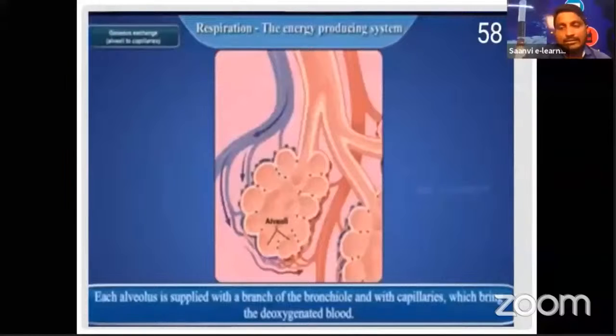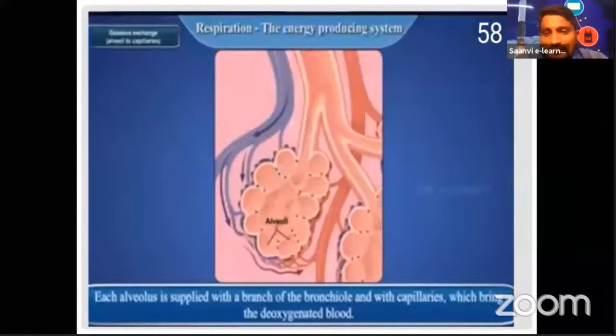When exchange of gases happens at the lungs level, the blood carries oxygen to the cells at tissue level, where cellular respiration takes place. In cellular respiration, three things are released: carbon dioxide, energy, and water. That carbon dioxide is brought back to the lungs by the blood flowing in the blood capillaries.